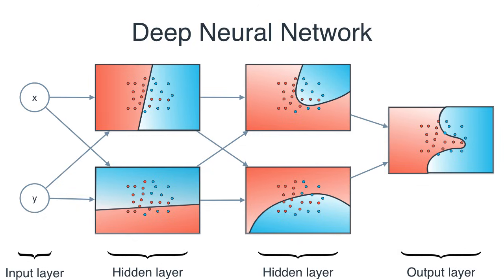And then my output layer just combines the elements from the last hidden layer to make a much more complicated region. So you can imagine how if I have many hidden layers, I can create the most complicated regions I want. And this is the definition of a deep neural network. A deep neural network is just a neural network with many hidden layers.